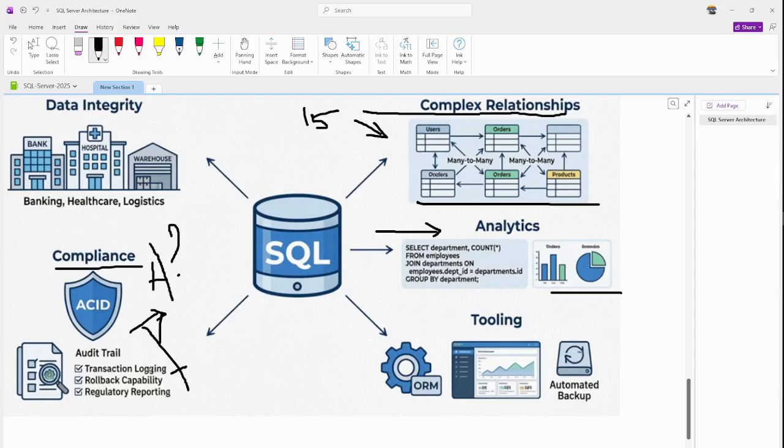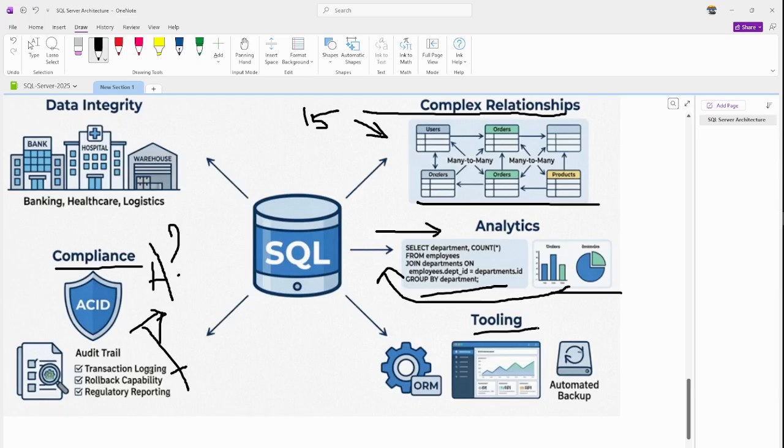He will just select year, sum of sales from orders, group by year. Then this will perform the math and aggregation across massive data sets, and it will give you that particular result.